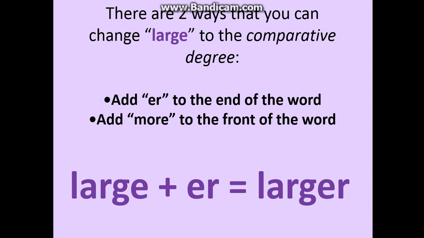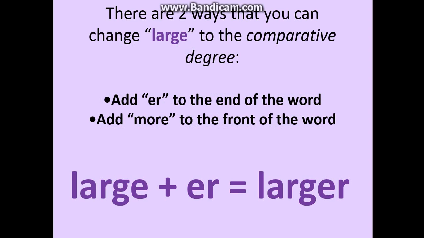The rule: when you use er, the word must be one or two syllables. For example, large. When you want to change large to the comparative degree, you should add er to the end of the word, so large becomes larger.